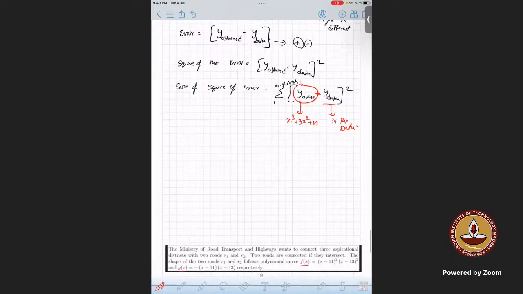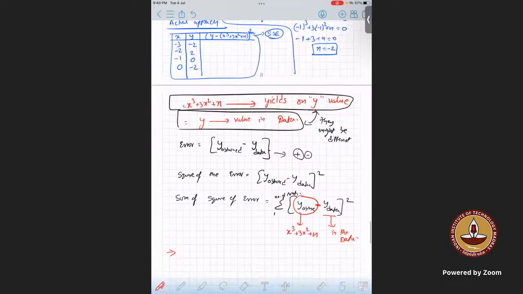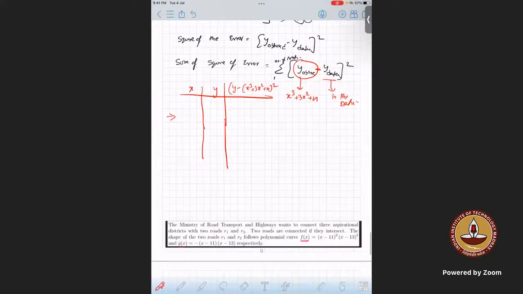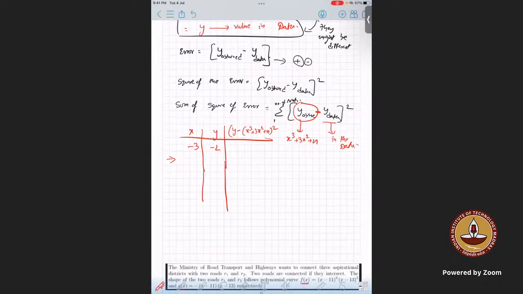I need to draw this again. x, y, minus x cube plus 3x square plus n. Just repeat: minus 3, minus 2, minus 2, 2, minus 1, 0, 0, minus 2.